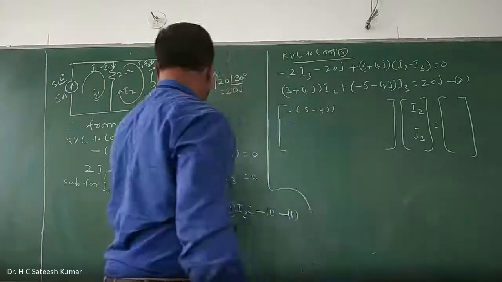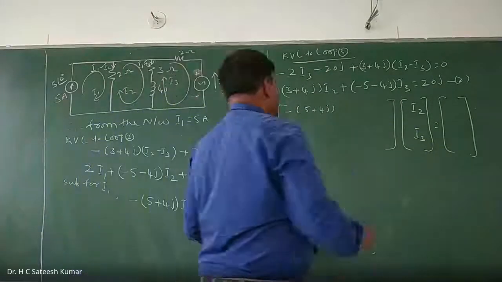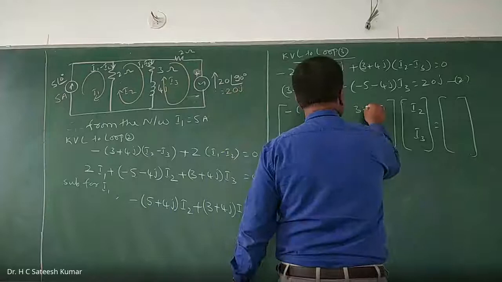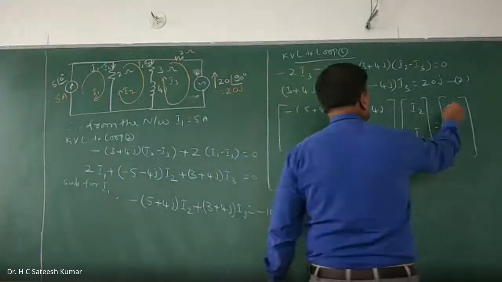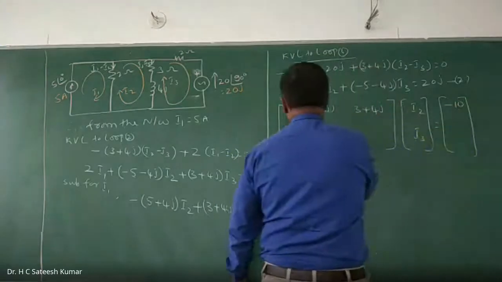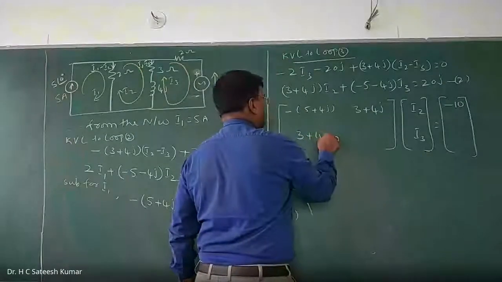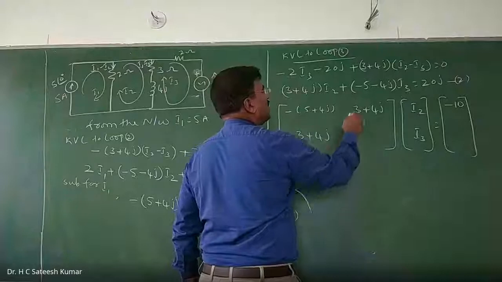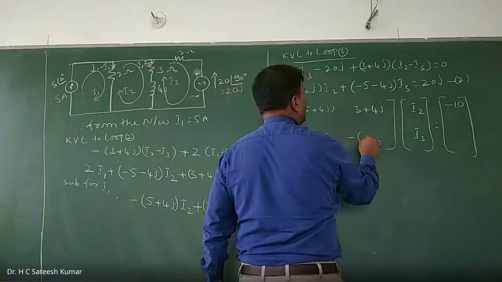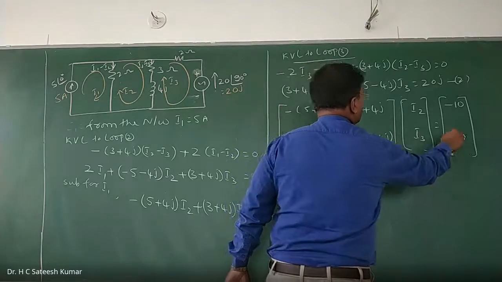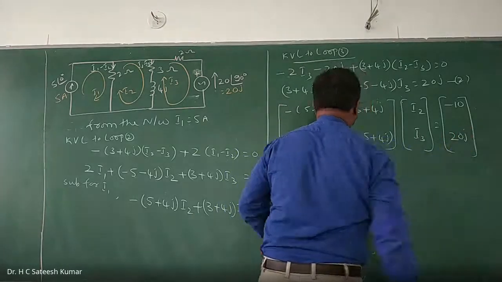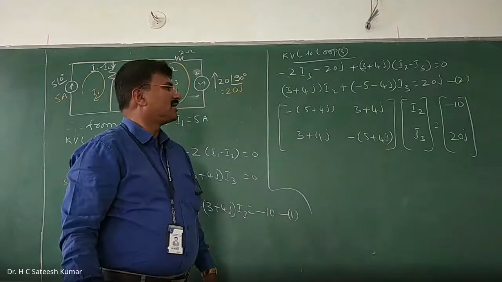Minus of 5 plus 4j into I2, 3 plus 4j into I3 is equal to minus 10. And the next one is 3 plus 4j into I2, and minus, I can take it outside, minus of 5 plus 4j into I3 is equal to 20j. Now we got a matrix of 2 cross 2.